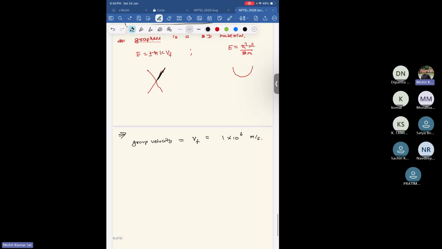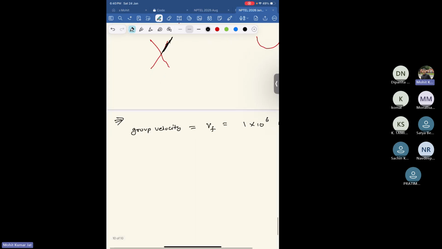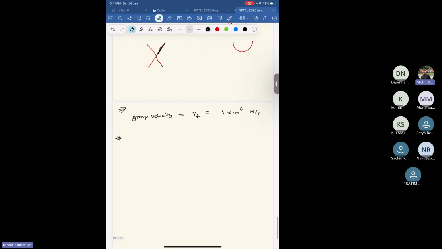So why I'm saying graphene is very different from normal materials is, generally you have the parabolic dispersion, here it is linear, and there is one more place where you see the linear. Let me take you to your graduate level classes: if you have a photon, you can write its energy as E equals pc, where p is the momentum and c is the speed of light, and p is nothing but h bar k.